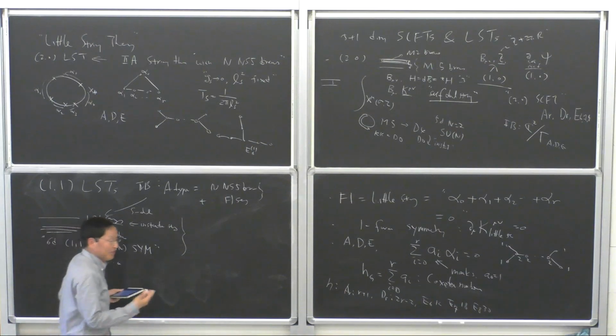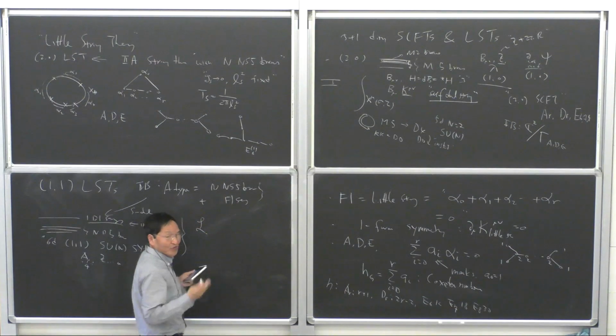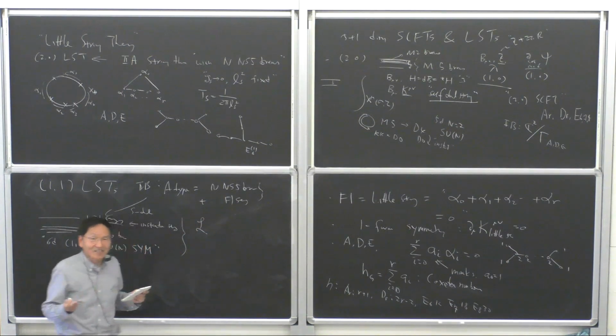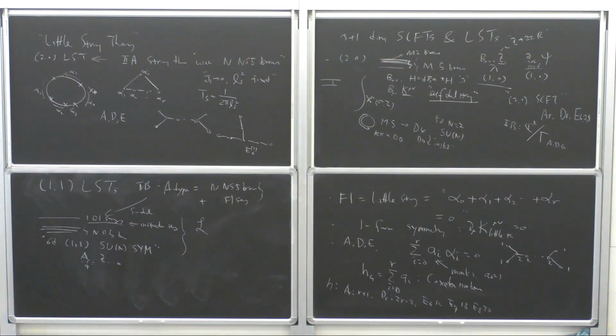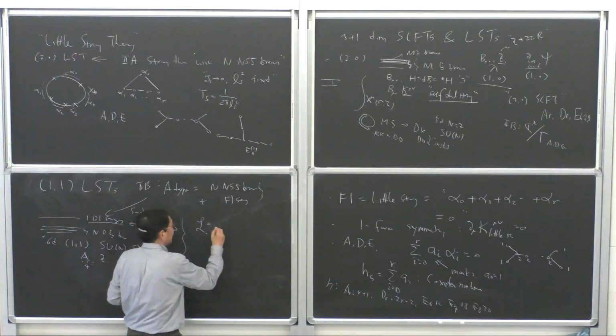So we can write down the 6D low energy effective Lagrangian. Not like a 2,0 theory, we can write only the abelian part of the theory, not the non-abelian part, because the source is a string, a self-dual string. And in this case, the Lagrangian is just okay.